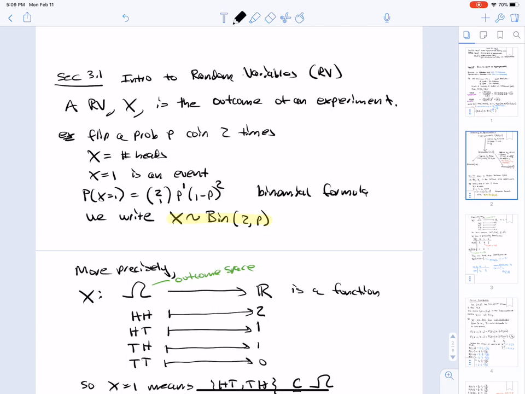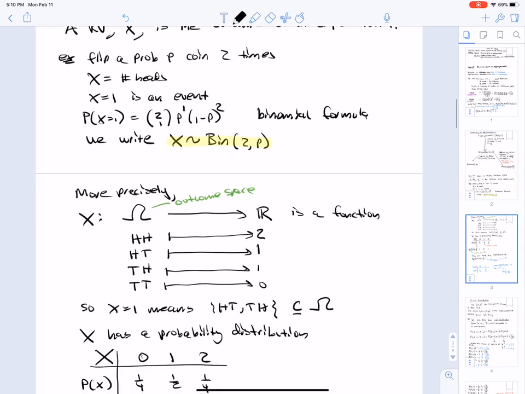So X equals 1 is an event, and the probability that X is 1, you could find using the binomial formula, and we write X is binomial 2, p, because the squiggle means belongs to, and that is because the probability distribution follows from the binomial formula, with n is 2 and p is whatever the probability is that you flip a head.